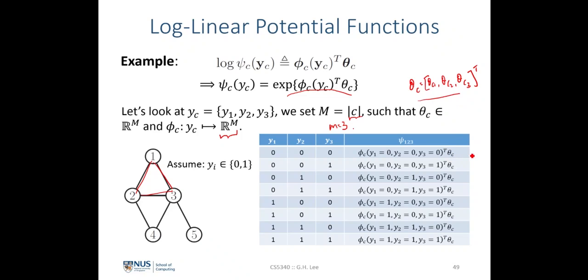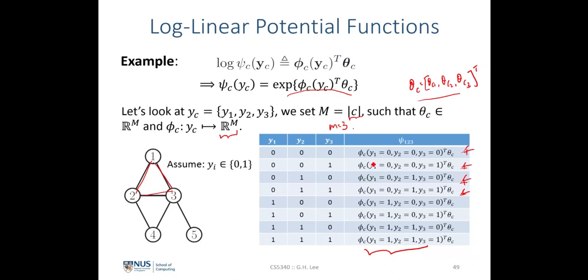We can see that the respective entries over here become a linear combination of the three parameters based on the current state of y1, y2, and y3. So here, the three-dimensional feature vector can directly be the state of y1, y2, and y3.